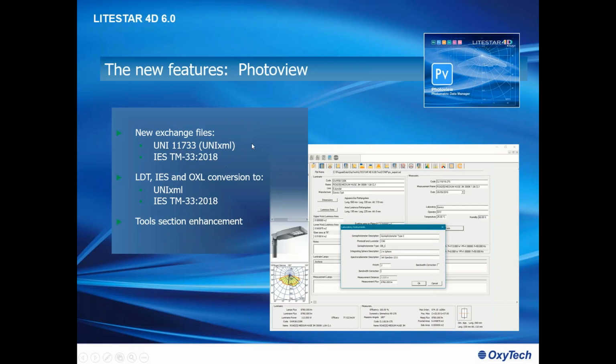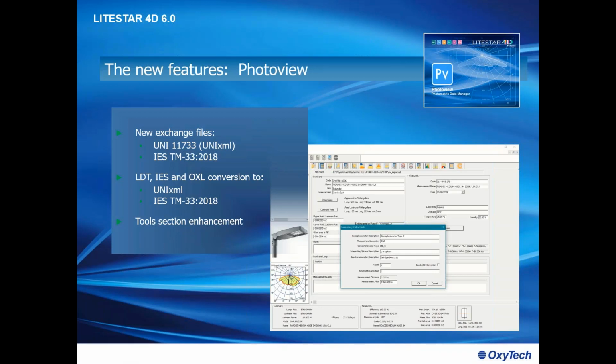Oxytec was part of the Italian Commission developing these new exchange files called UNI. UNI is the standardization body of Italy, UNI 11733, also called UniXML.